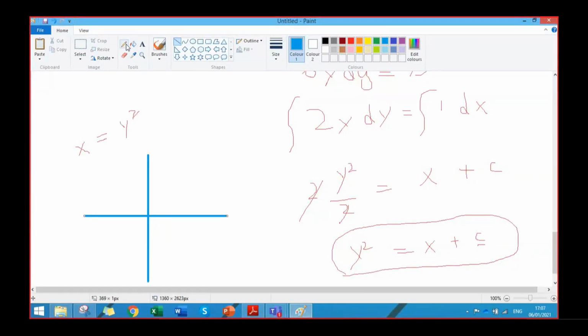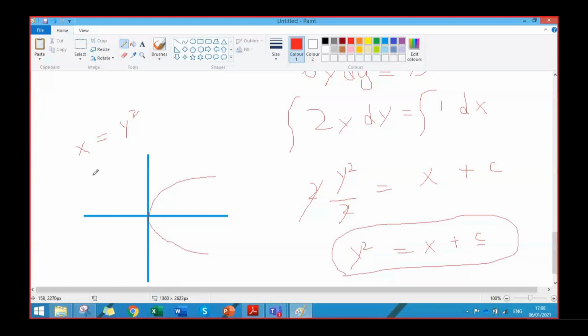For x equals 1, y would be 1. For y equals minus 1, x would be 1. So it would be curved like this, right? Yes, sir.